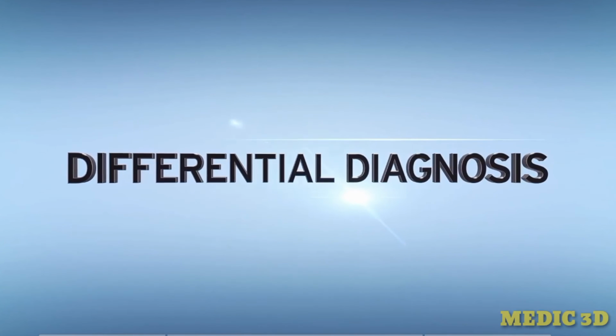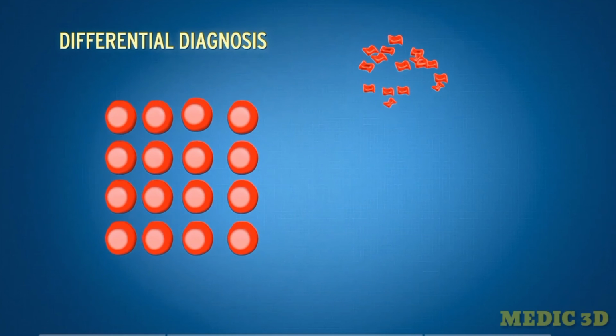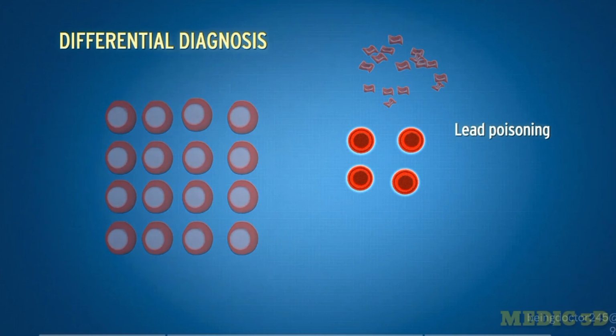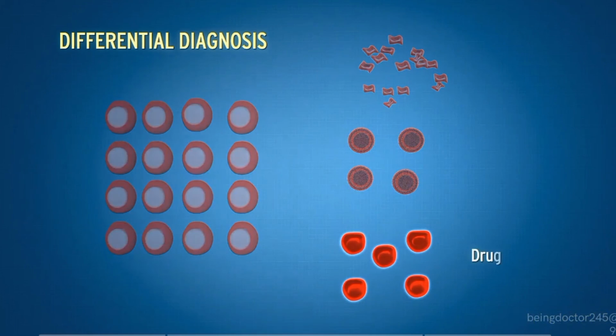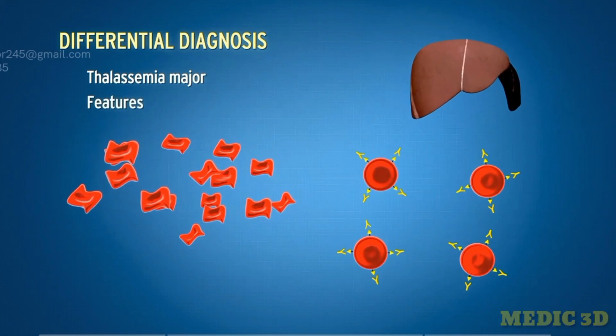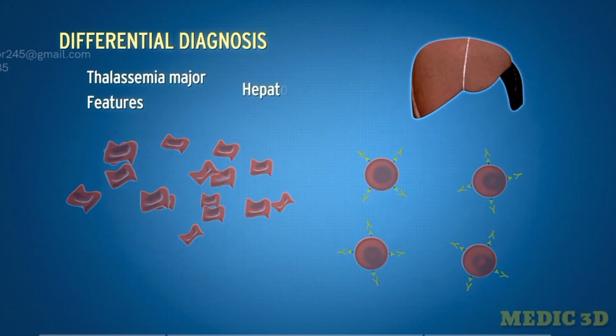Differential diagnosis. Differential diagnosis of microcytic hypochromic anemia includes thalassemia, lead poisoning, drugs, etc. Patients with thalassemia major have features of hemolytic anemia and hepatosplenomegaly.